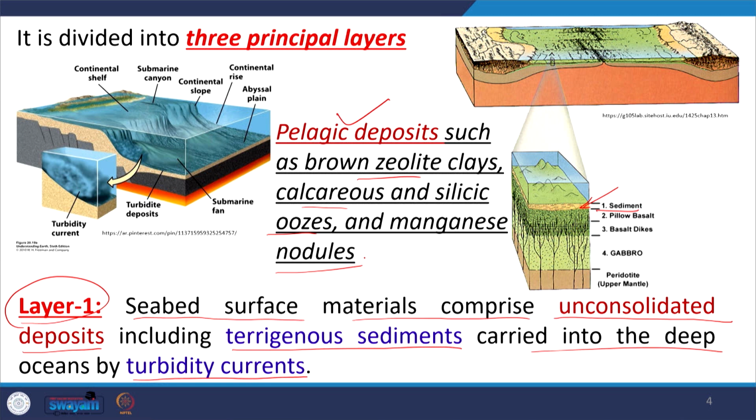manganese nodules. That means layer 1, which is composed of sediment, contains both the terrigenous sediment, which is carried to the deep ocean basin by turbidity currents from the continental margin, and other sediment which is the basin's own sediment: precipitated calcium carbonate, precipitated silica, manganese nodules, iron nodules.